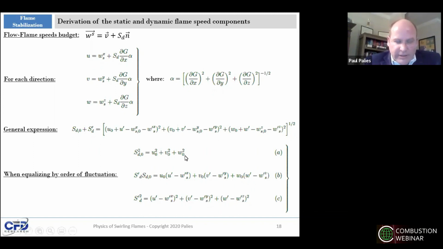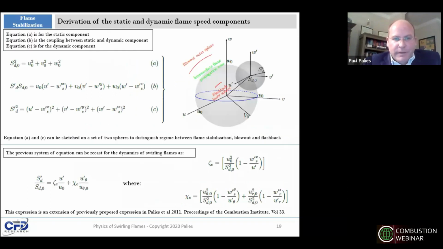So we reach this system of equations where we can see that the first equation is simply the norm of the velocity vector matching the square of the flame speed. So that's satisfied when the flame surface speed is 0, when the flame is stabilized.